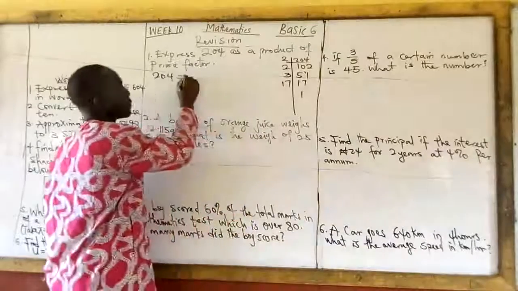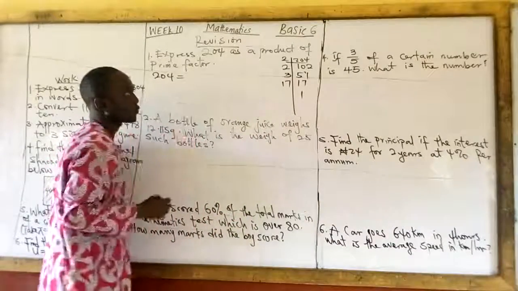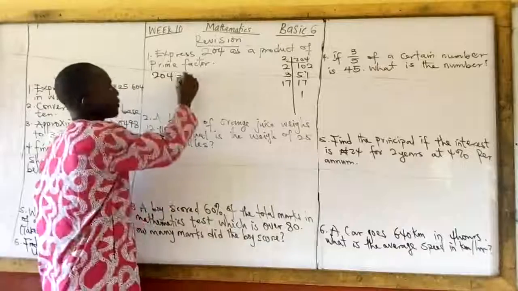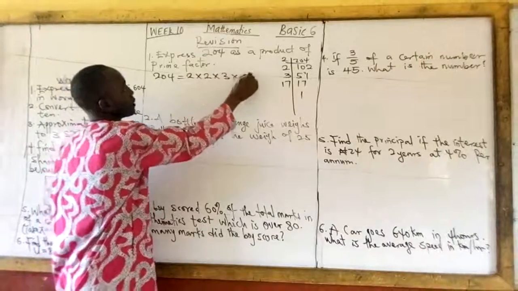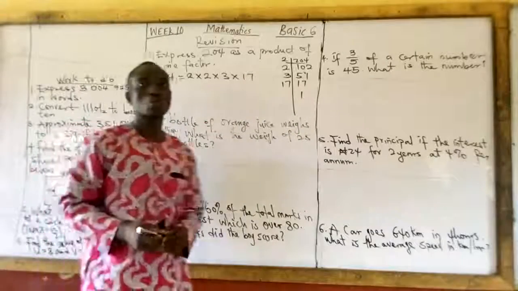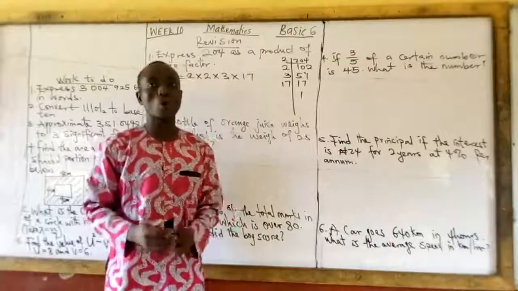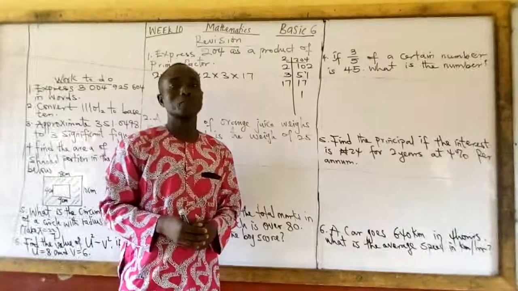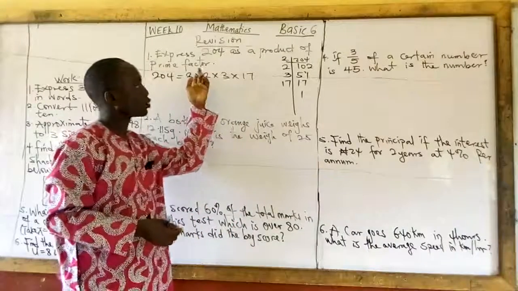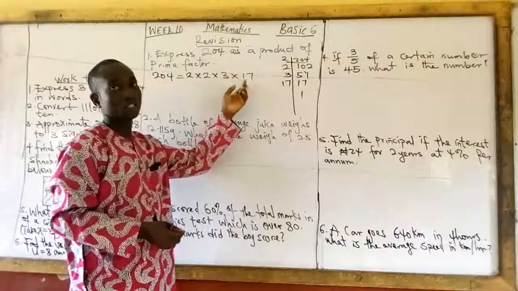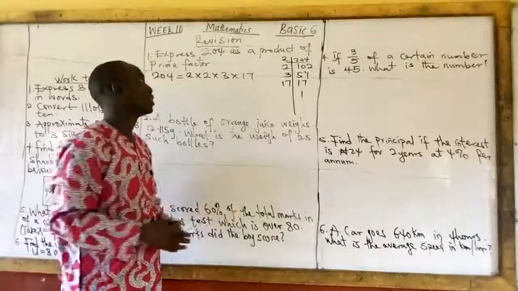So here the prime factors of 204 are 2 times 2 times 3 times 17. If you are asked to give your answer in index form, you know what that will be. That will be 2 raised to power 2 times 3 times 17, in case you are asked.